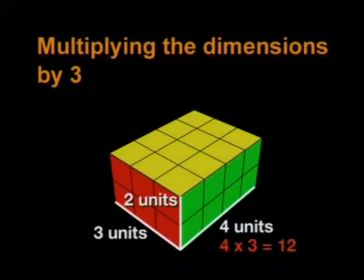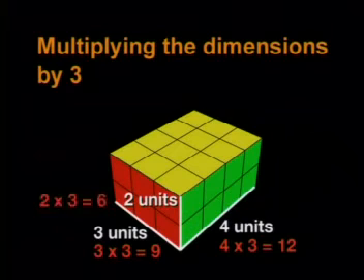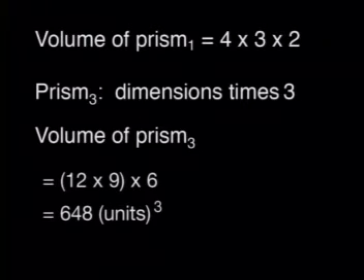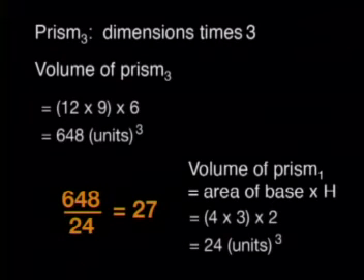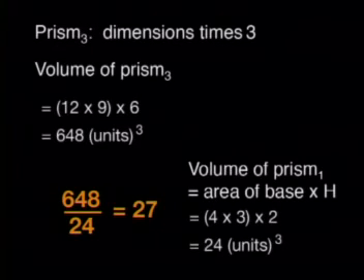Let's test the rule when we multiply the lengths of the sides by 3. This length will be 4 times 3. That's 12. This will be 9, and this side will be 6 units. Let's find the volume. That will be 12 times 9 times 6, which is 648 cubic units. 648 divided by the first volume of 24 is 27.